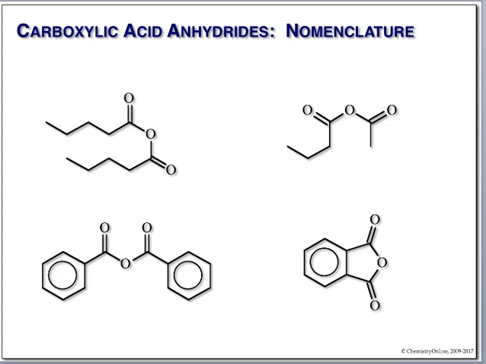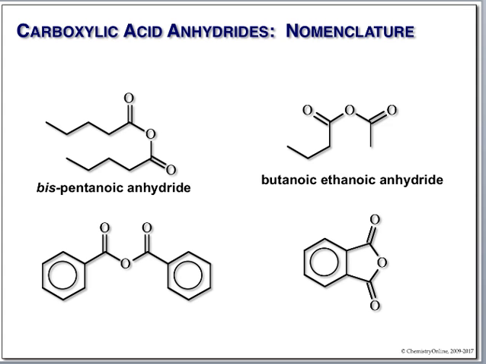So we would simply call it bis-pentanoic anhydride. Now this is not symmetrical. We have an ethanoic on this side and a 1, 2, 3, 4 that's butanoic on that side. So we'll simply string them together. Butanoic ethanoic anhydride.